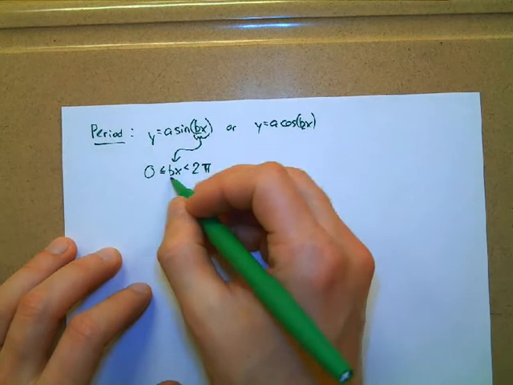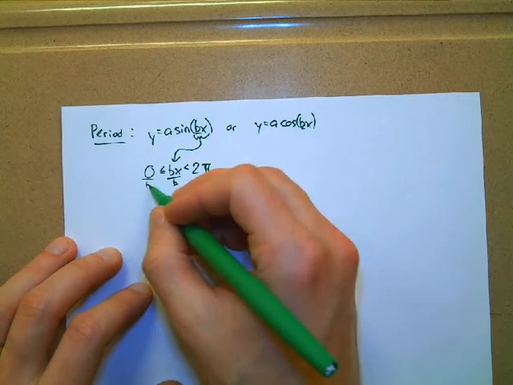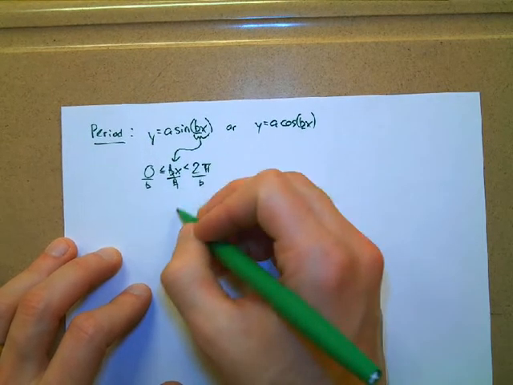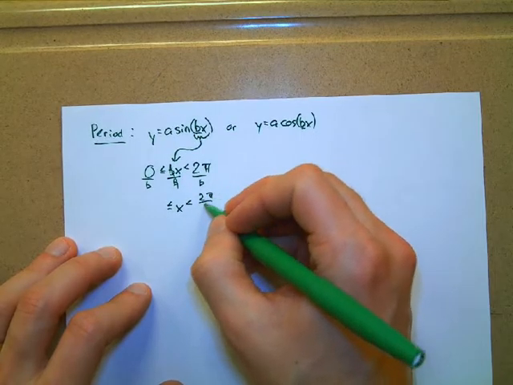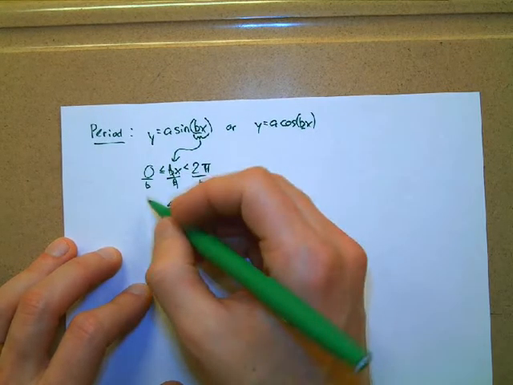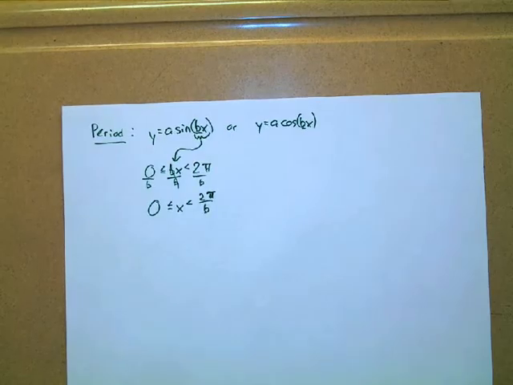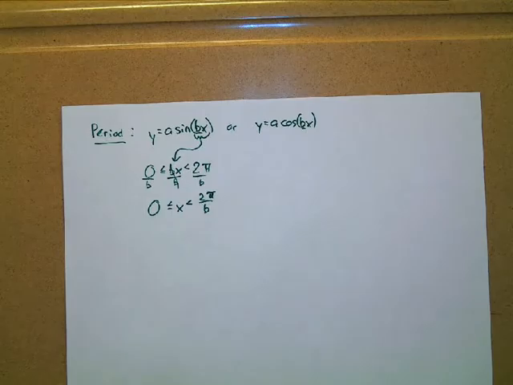So that b, rather than stretching the period by that amount, actually divides it, it shrinks it by that amount, depending on what it is. If b is like 1/2, it'll make it bigger. Whereas with the a, when it was a 2a, it made it taller, so that was a straight multiply. But here, the b value is not going to stretch it that much. It's going to contract it that much, maybe you want to say.